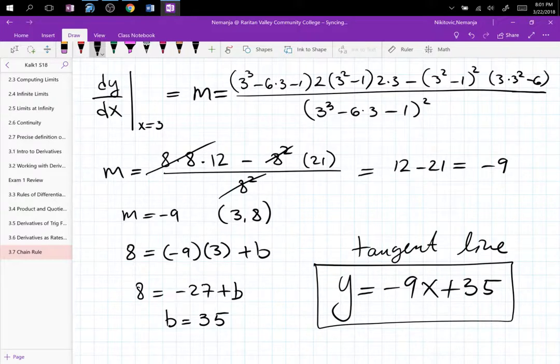And also the procedure for the tangent line. Again, that's going to be there in every section we cover, because we are learning how to compute the derivative in different ways, and to find the slope is just to compute the derivative. So we can do the tangent line problems as well.